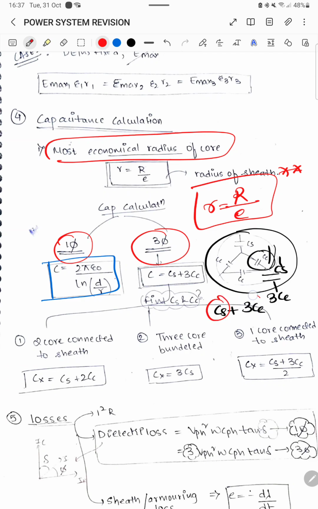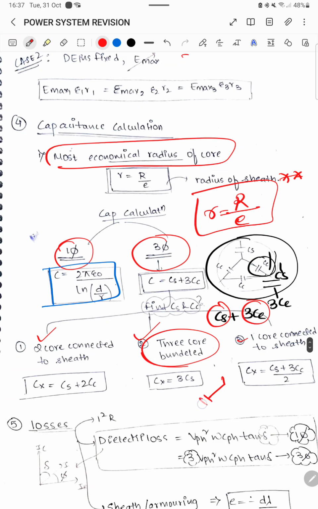But now the cs and cc both are variable. To find out cs and cc, we have three possible combinations. We will either bundle all three cores. If you bundle all three cores, these three CS become parallel.